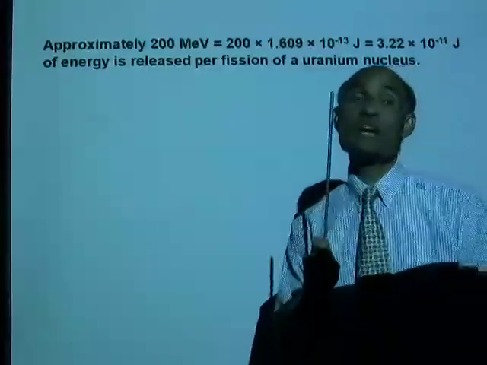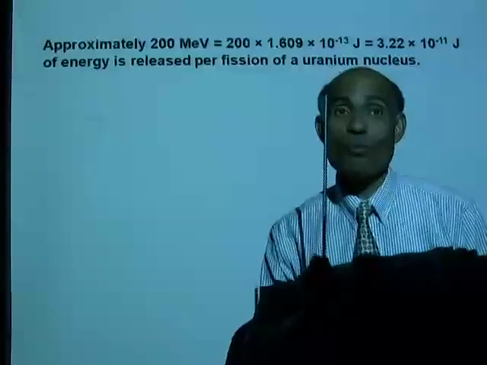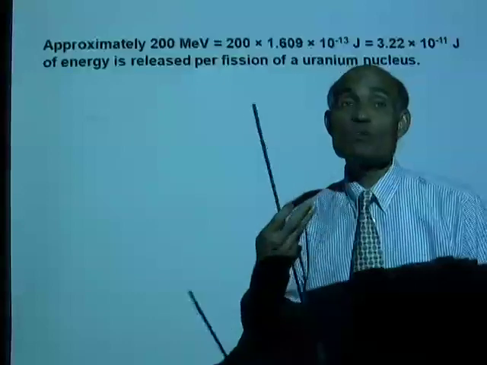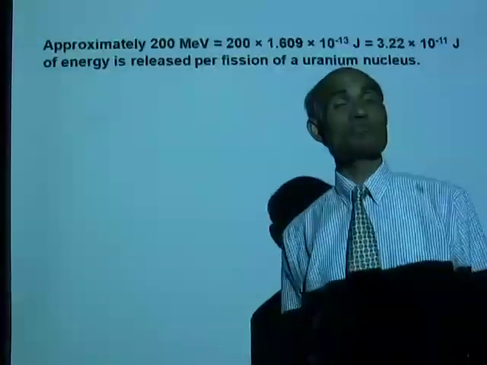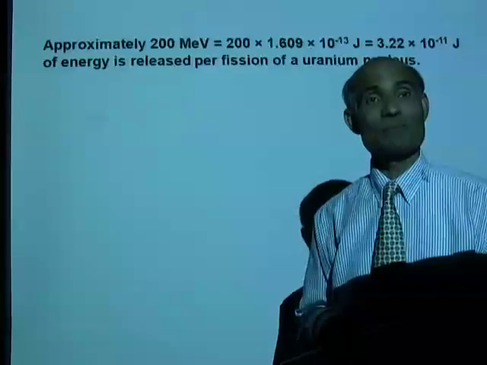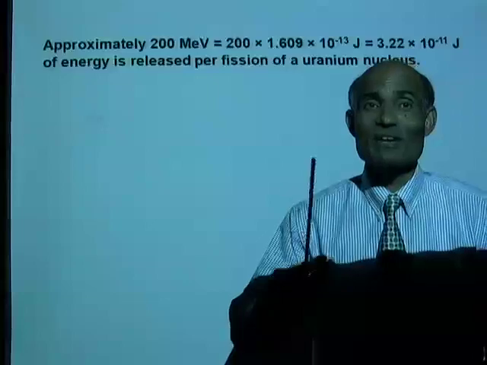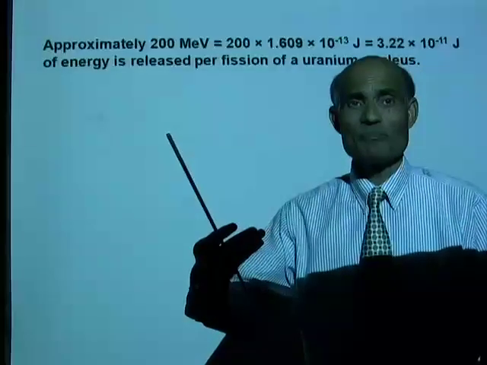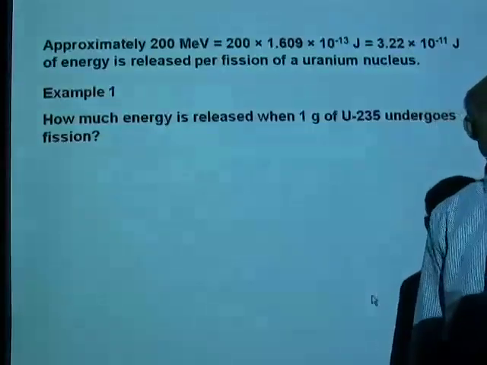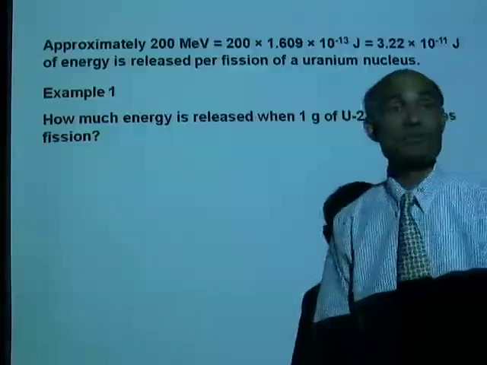That is the energy released per one fission of one uranium-235 nucleus. Now, if you take 1 gram of uranium-235, how much energy will be released? Can you calculate that? I'm sure you know how many atoms there are in 1 gram of uranium. Well, let's do that. How much energy is released when 1 gram of uranium-235 undergoes fission?